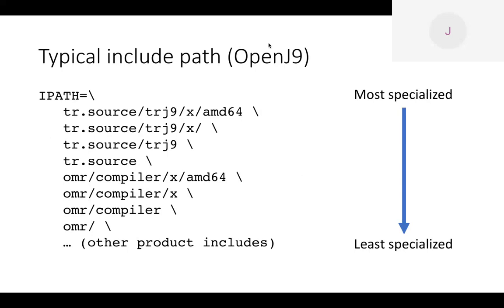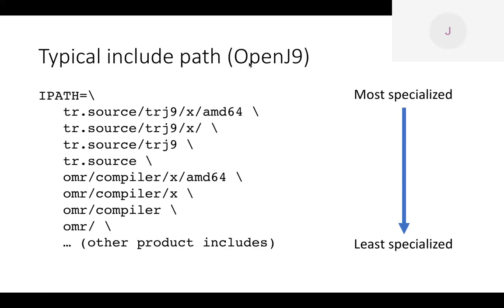So in this particular example, you can see that we're starting in the J9 project. The X directory here, can you guys see my arrow here? The X directory refers to the fact that this is an x86 architecture specific directory, and AMD64 is a further specialization of that. We call that a sub-architecture.